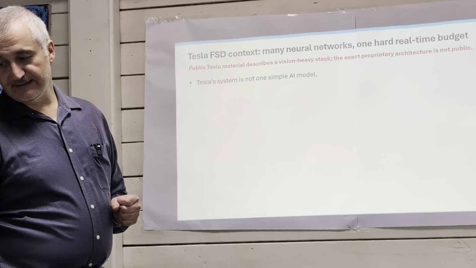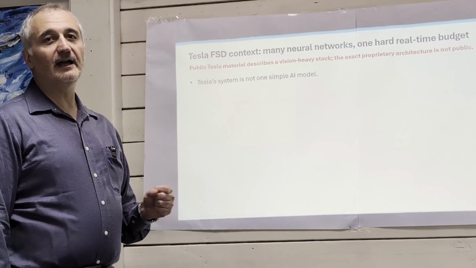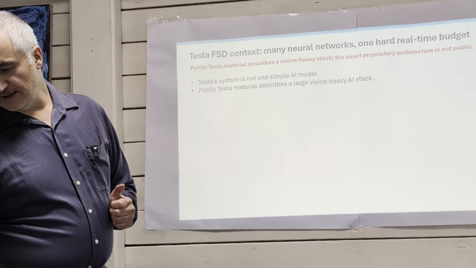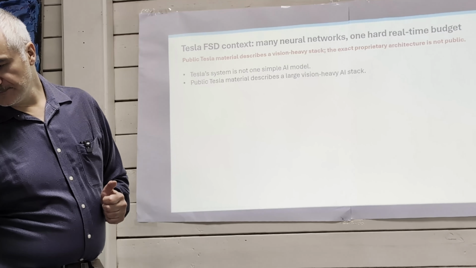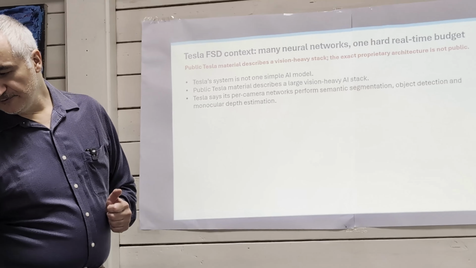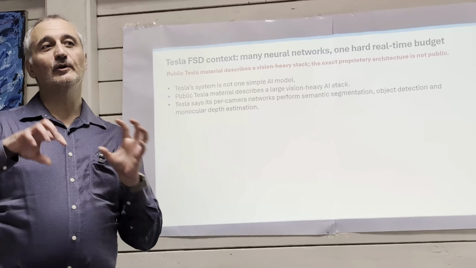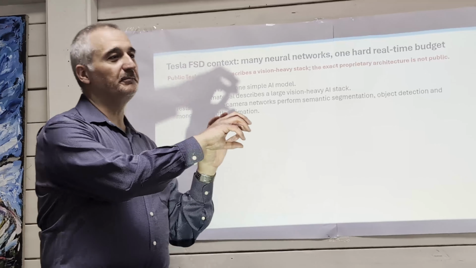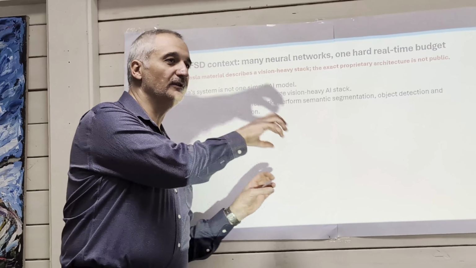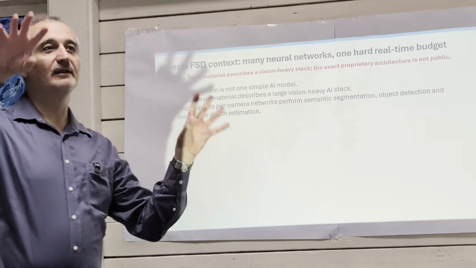And it's not one simple AI model. If we look at some of their publications, we can see that there are lots of networks working together. One bit picks up on, say, humans, one bit figures out what the 3D surrounding is.